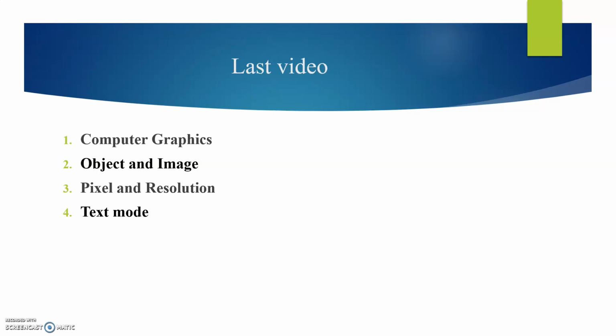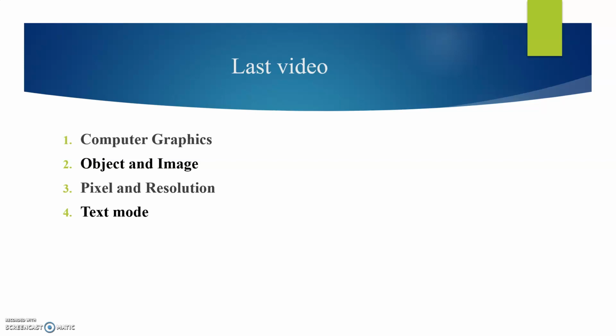Next, we studied what is pixel and resolution. Pixel stands for picture element. A pixel is the smallest piece of information in an image. Resolution: in computers, display resolution is the number of pixels contained on a display monitor.